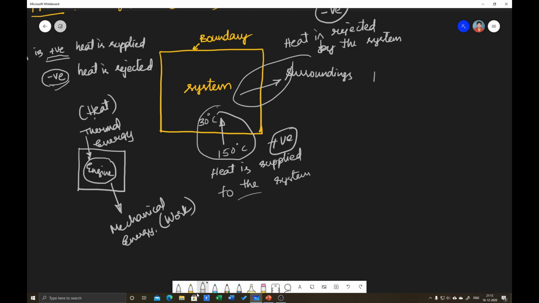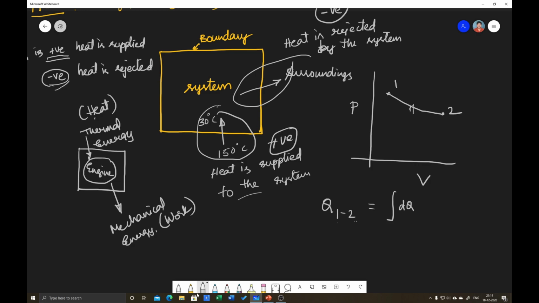And also say there is a process on a PV diagram from here to here. So Q1-2 is written as Q 1 to 2. Q means heat transferred, and 1 to 2 is from process 1 to 2, equal to the integral of dQ.